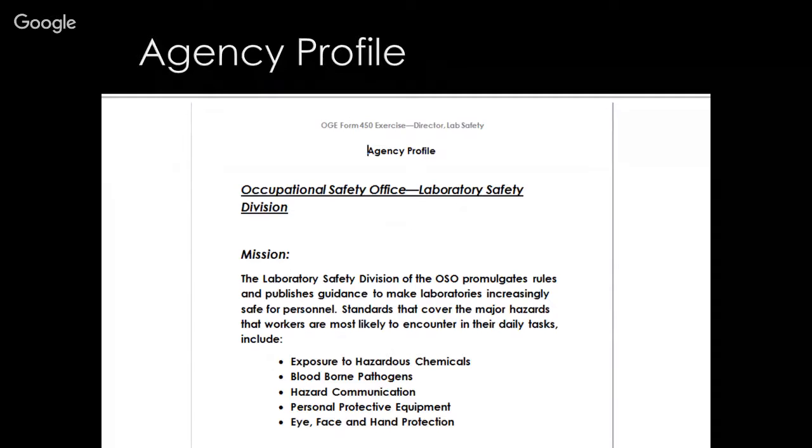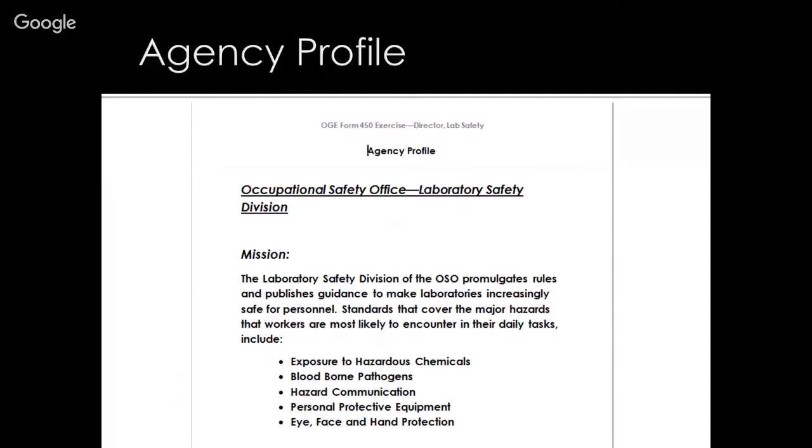So we are the Occupational Safety Office. That's our agency, and the specific division that we're going to be looking at, the employee that we're looking at, is within the Laboratory Safety Division. The Laboratory Safety Division promulgates rules and publishes guidance to make laboratories safe for the personnel who work there.